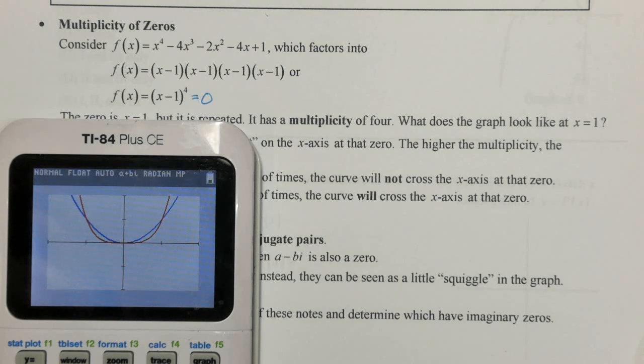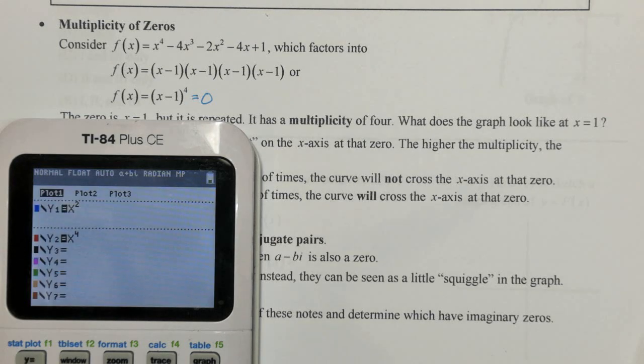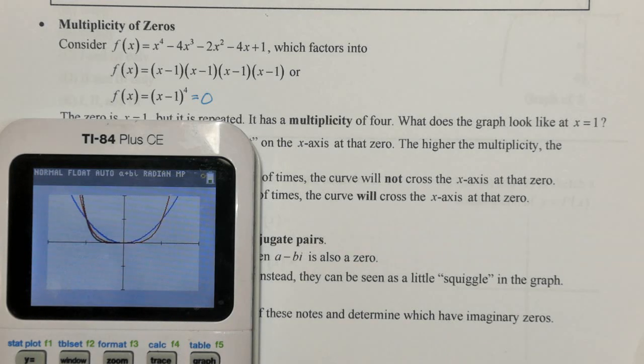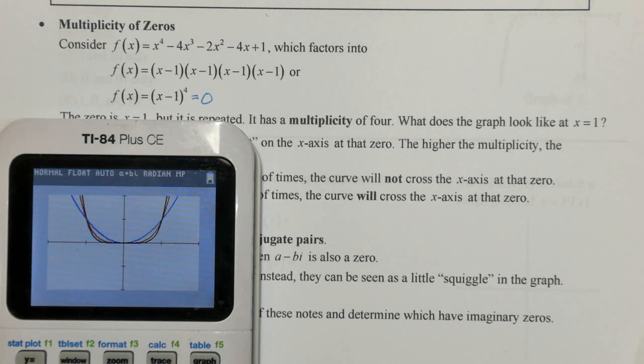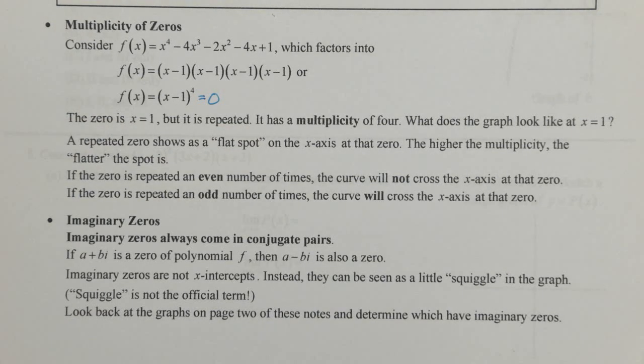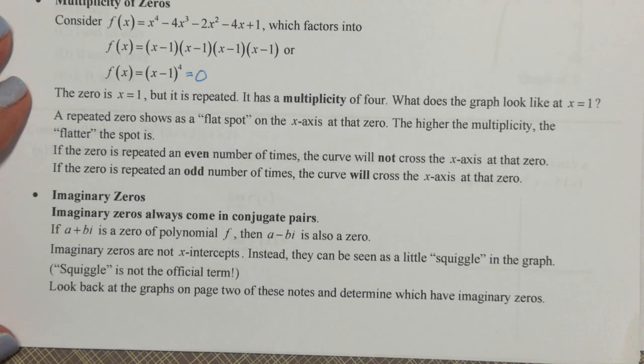It's flatter than a parabola. What do you think the graph of x to the 6th would look like? Even flatter than x to the 4th. You see it's even flatter. So they get even flatter and they go to infinity faster.